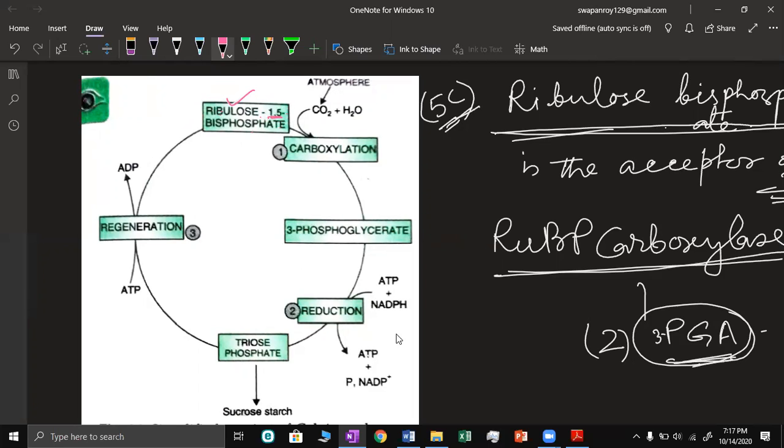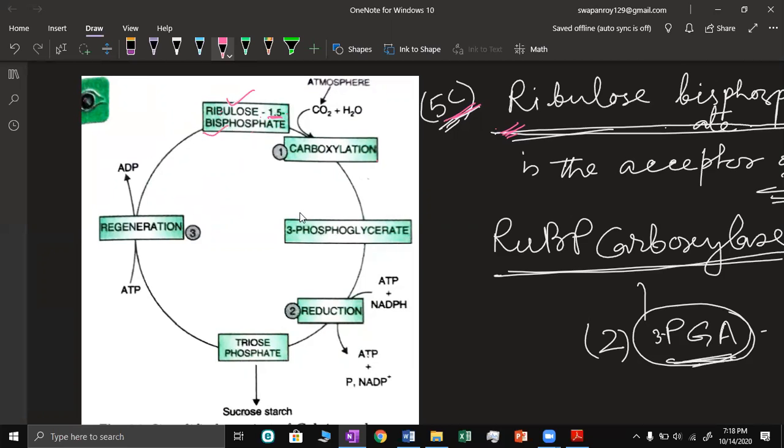This is actually a bisphosphate compound. Ribulose is a pentose, a 5 carbon compound, and one phosphate group is attached to carbon number 1, and another phosphate group is attached to the 5th carbon. So this is ribulose 1,5 bisphosphate.